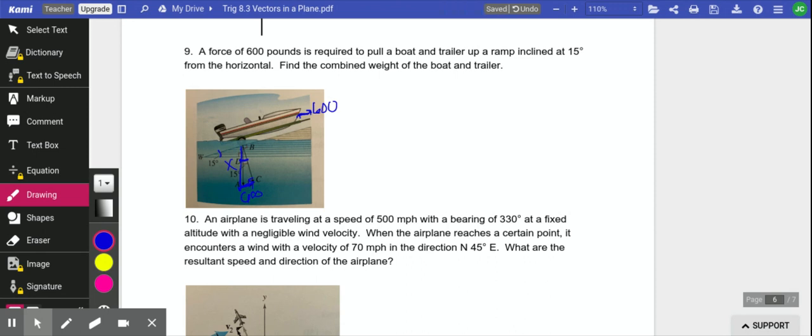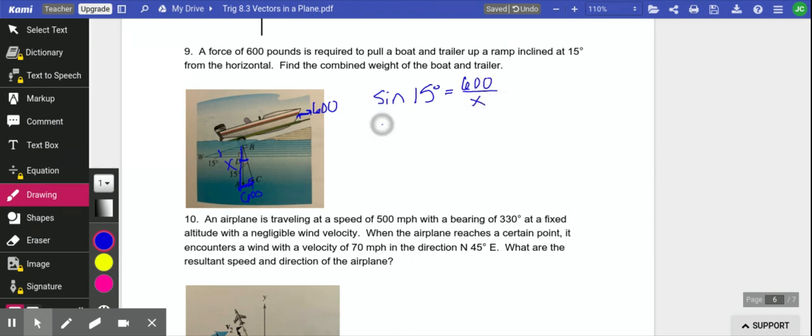And so just using SOHCAHTOA, we can see that 600 is opposite, and we're trying to find the hypotenuse. So we'll say that the sine of 15 degrees is opposite over hypotenuse.